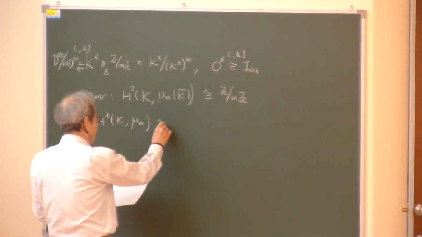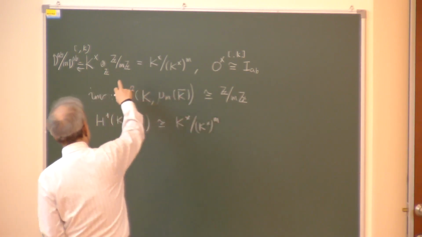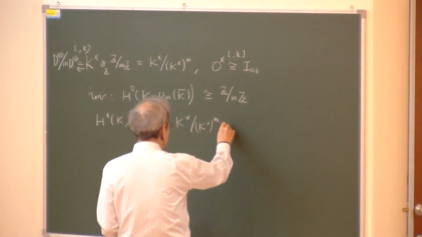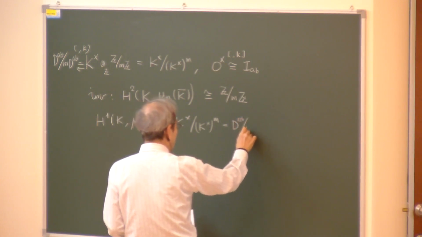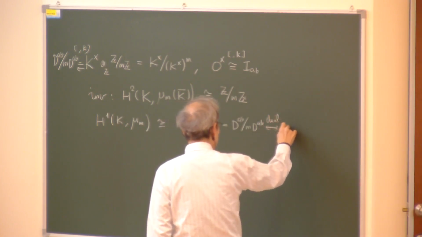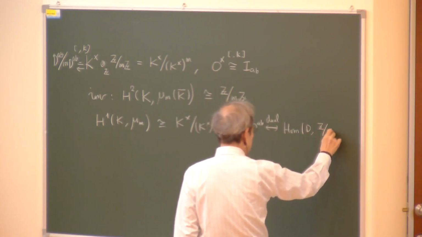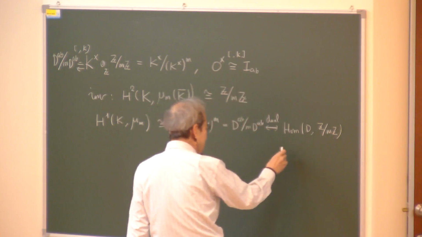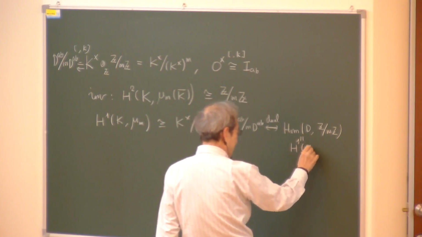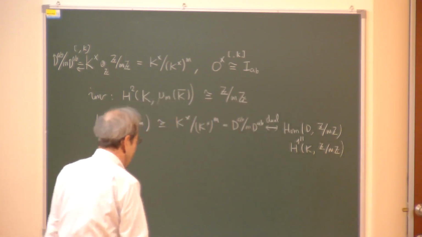And then this is isomorphic to K cross over K cross to the m. Sometimes I write it just with tensor product. And then this is G ab over m G ab. And obviously this is the dual of Hom(G, Z over mZ), by definition. And this is, if you like, H1(K) with constant coefficients. This is a very basic example of Tate duality.